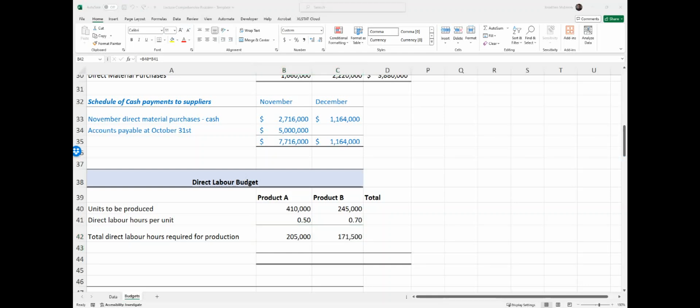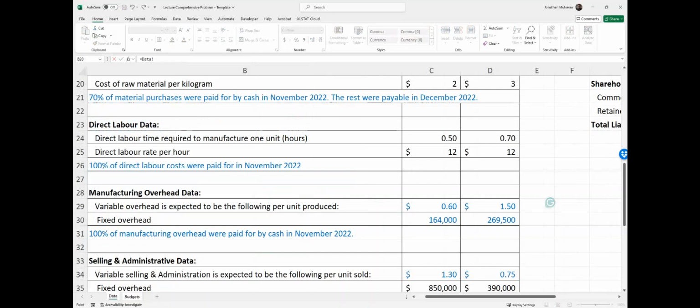Once we have that piece of information, to get to how much that will cost us, we'll need to know what is the direct labor rate, and that information is given in the data, and the rate is 12.